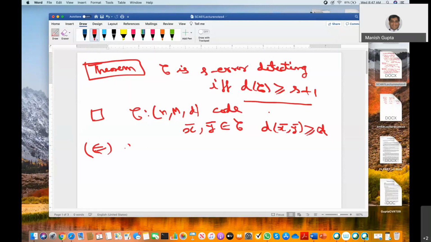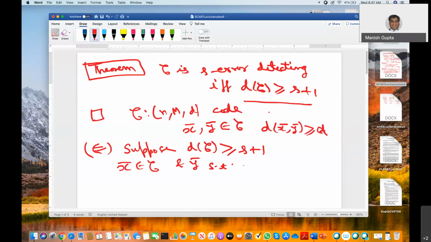Suppose the minimum distance of C is at least S plus 1, and X is a code word and Y is a resultant vector such that the distance between X and Y is less than or equal to S. So S errors have occurred. X is a code word, Y is a received vector, and up to S errors occur, so the distance is between 1 and S, right?